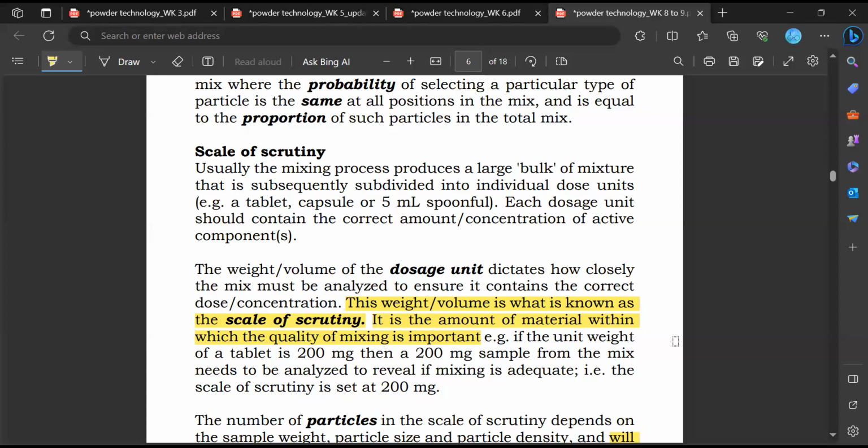So over here, the scale of scrutiny is set at 200 mg. When you take that sample of 200 mg and analyze it, you have to see that the API is present in that sample in the right amount.